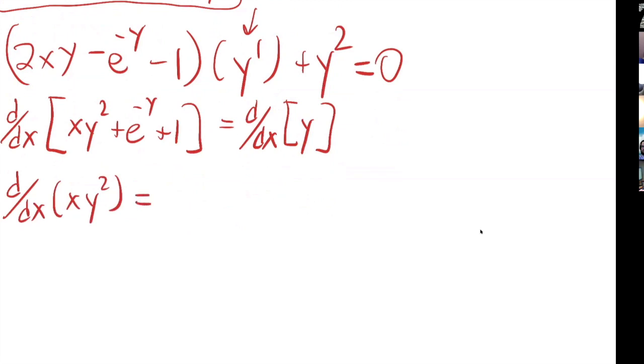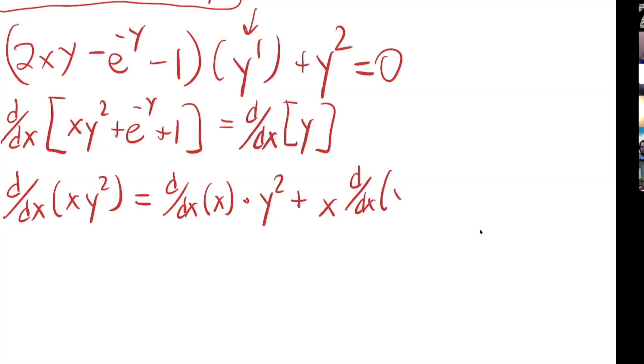So just to do a little bit of scratch work, if we were to take the derivative of x times y squared, that's a product, then we're going to take the derivative of x with respect to x times y squared plus x times the derivative with respect to x of y squared, right? We would use the product rule on that, treating x and y squared as two different functions.